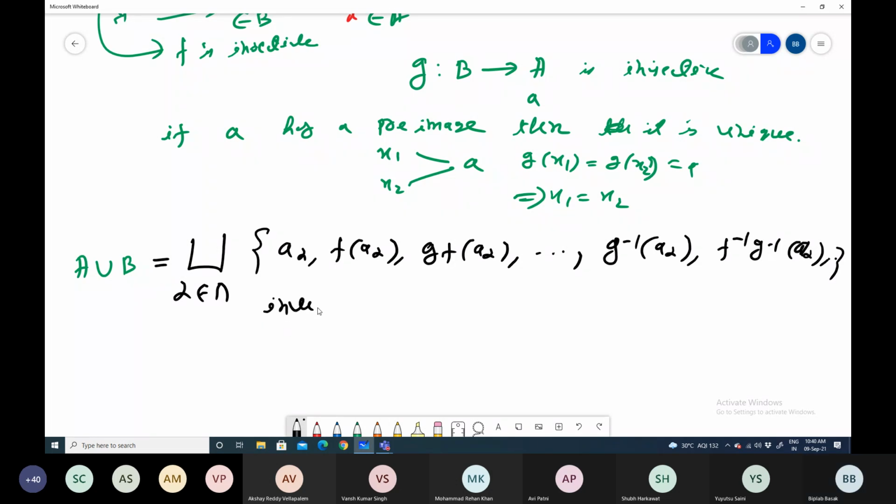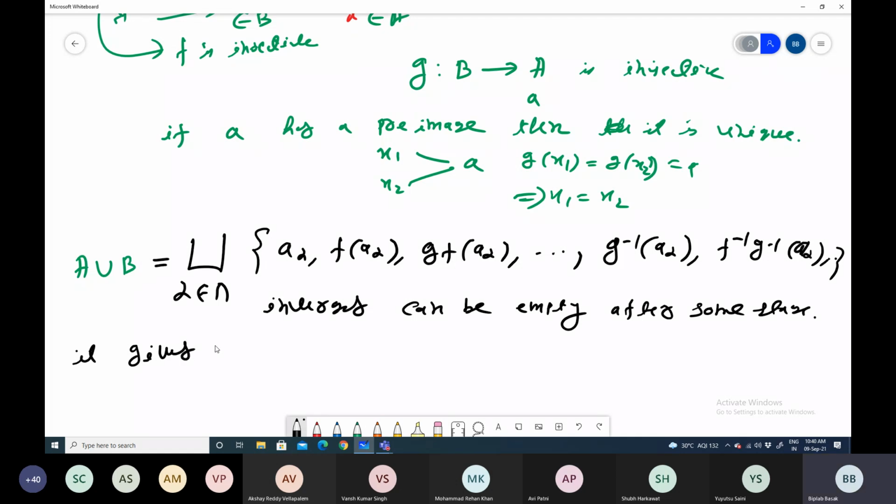Here, inverses can be empty after some stage, and it gives a partition of the set A union B. Right?